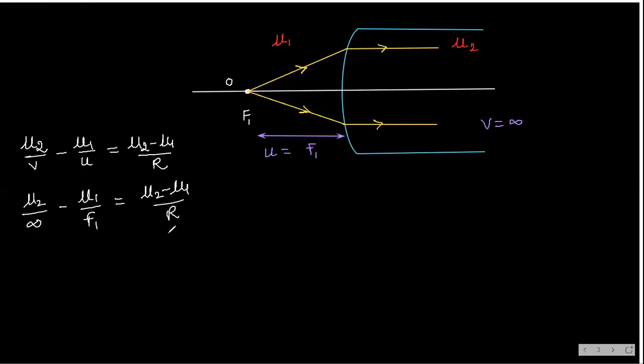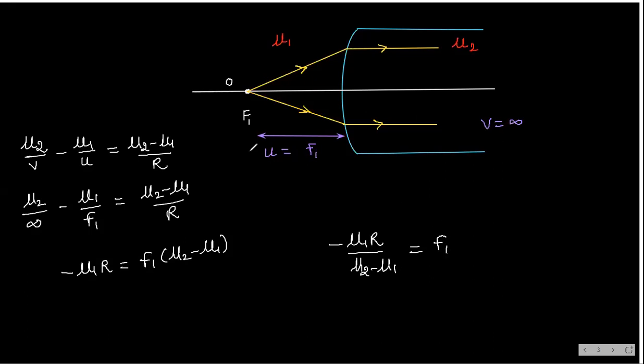Then this term will become 0. And what we are getting for the F1 value, see, minus mu1 into R is equal to F1 into mu2 minus mu1. Now this term you transfer here, so minus mu1 R divided by mu2 minus mu1 is equal to F1.